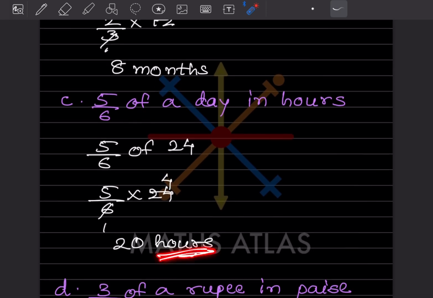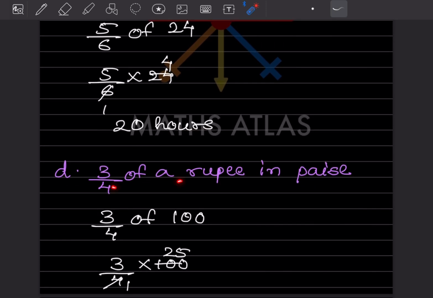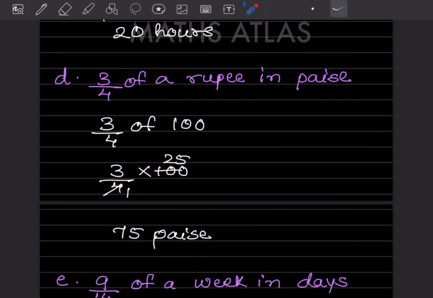You have to write the unit, whatever it is. That is in hours. 3 by 4 of a rupee in paise. So 1 rupee is 100 paise. So here you will write 3 by 4 of 100. So 3 by 4 multiplied by 100. So 4 ones are 4, 4 twenty-fives are 100. So this is going to be 75 paise.